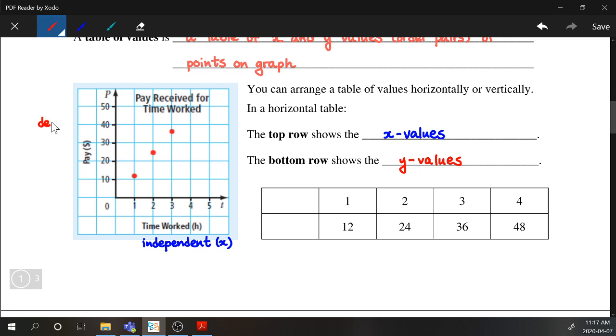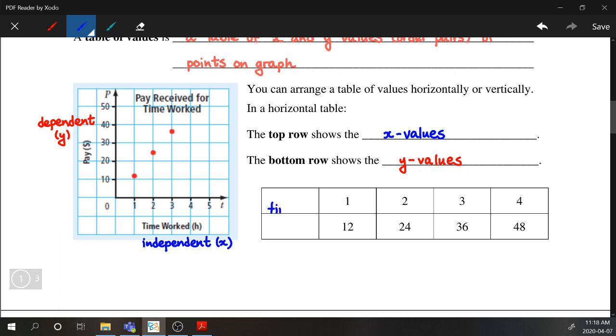Now, x and y are just general variables that we use. We can pick other letters depending on the situation. But it is important to note here that the pay is dependent on how much the person worked. So in this case, we will have time.